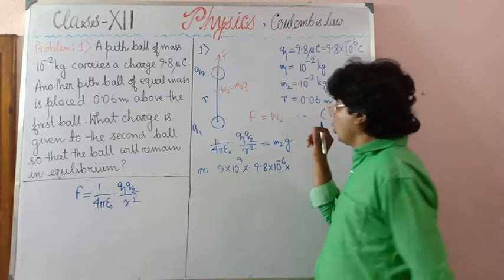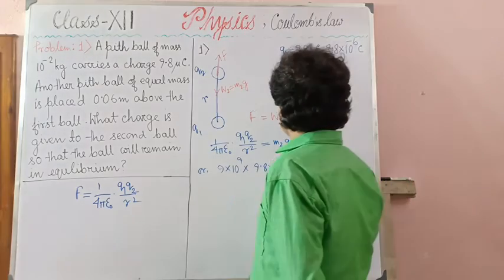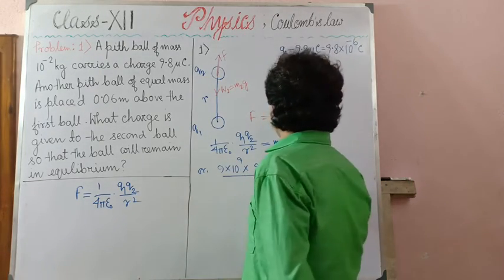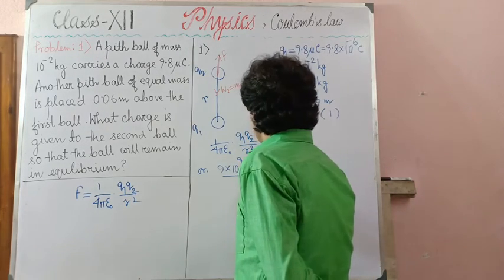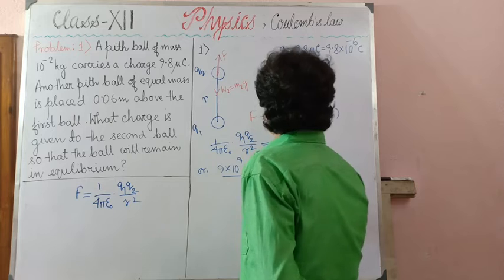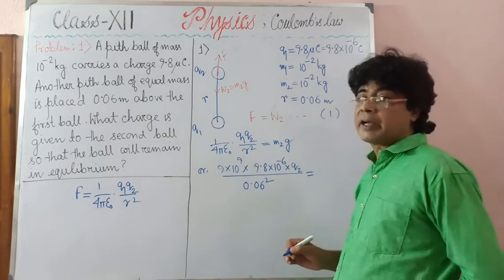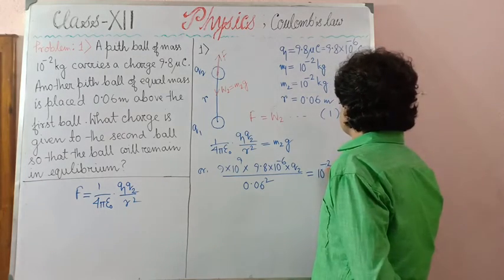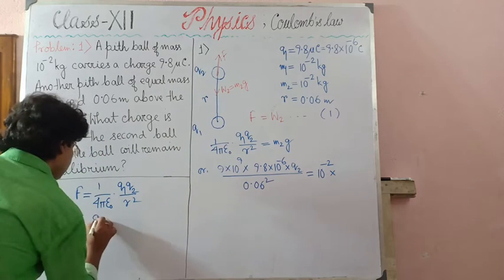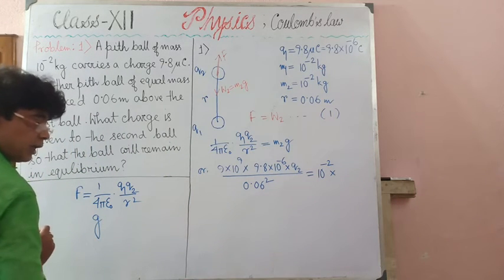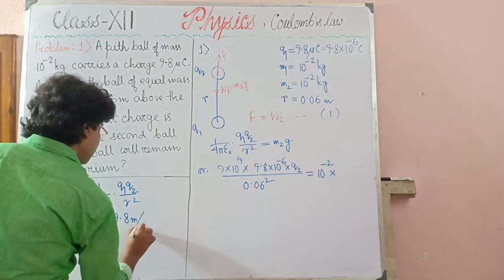Q2, we have to find out the value of Q2, by R square. R equals 0.06 meter. 0.06 square equals m2 g. m2 equals 10 to the power minus 2 kg into g. We know the value of gravitational acceleration in SI units equals 9.8 meter per second square.